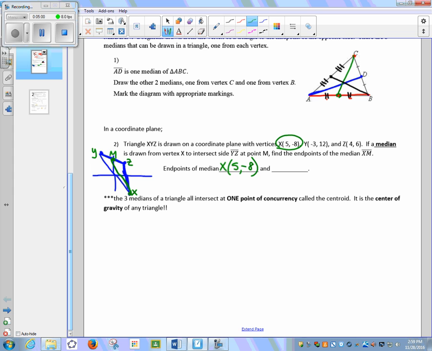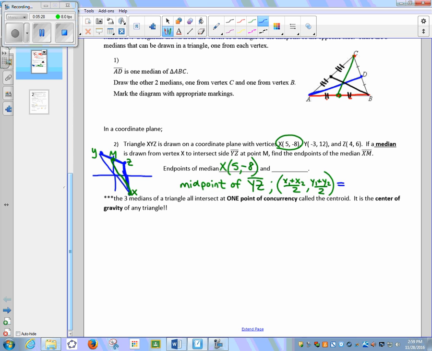What we need is the midpoint of YZ, because that's where the other endpoint of our median is going to be. Well, if you recall our midpoint formula, we add the x's and divide by 2, so we're finding the average of the x's, the average of the y's.